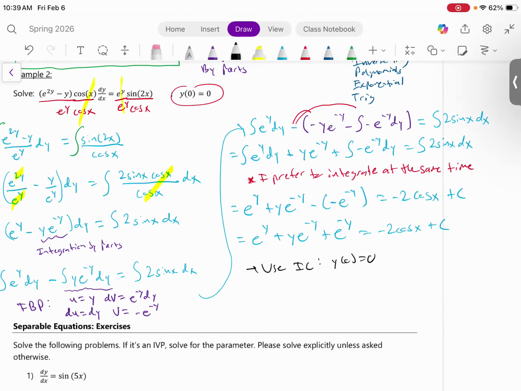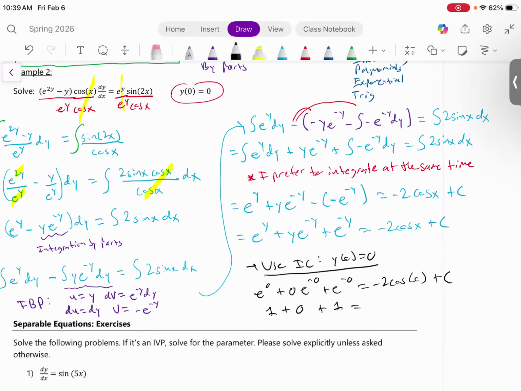So this would be e to the 0 plus 0 e to the negative 0 plus e to the negative 0 equals negative 2 cosine of 0 plus c. e to the 0 is 1. 0 plus e to the negative 0 is 1. Negative 2 cosine of 0 would just be negative 2. And so c equals 4.